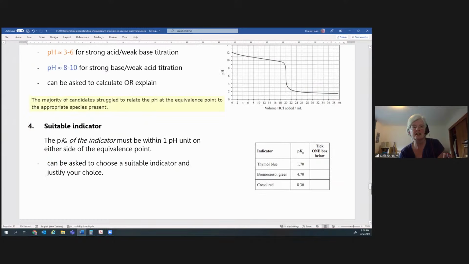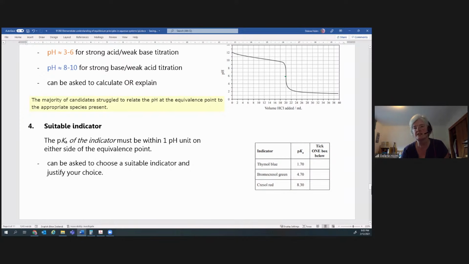One final thing is the suitable indicator. Most students got this correct. Just make sure that your equivalence point is within the pKa of the indicator, not of the acid, but of the indicator. So here I've got my equivalence point at around 6.